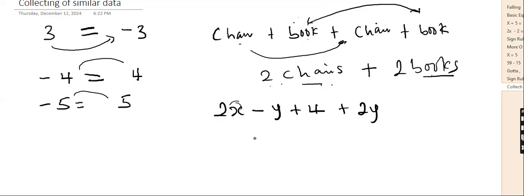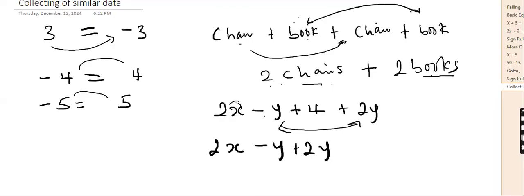So it doesn't have a data similar to it. But let's take a look at this y. This y is connected to this. So you can bring these 2y together. And this 4 is a constant, does not have a letter attached to it. So it's just on its own. So the 2x will remain on its own. And the y's will be connected together, which is the -y and the +2y, right? Then the +4 will just be isolated.